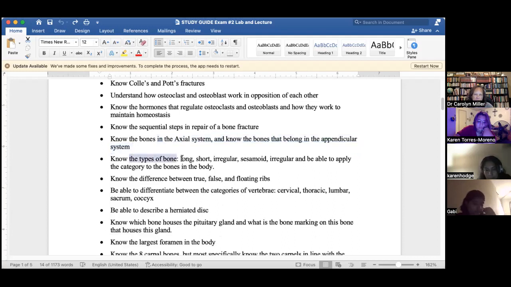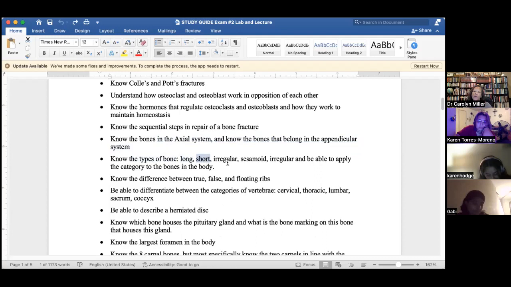Know the types of bone. We said long bones, fingers, other long bones. The bone is longer than it is wide. Short bones, they're wider than they are long, and they look more like cubes, and it's really your wrists, the carpals, and the tarsals, short bones.